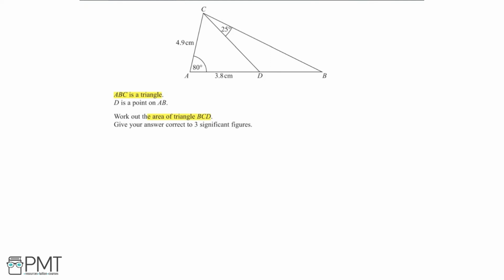Now to find the area of triangle BCD, we want to use the formula A is equal to half ab sine C. And so in the case of triangle BCD, we'll say a is equal to line CD, b is equal to line CB, and C is equal to 25 degrees. And so in order to work out the area of triangle BCD, we need to find the length of line CD and line CB. Now let's highlight triangle BCD to make this a little bit clearer to see.